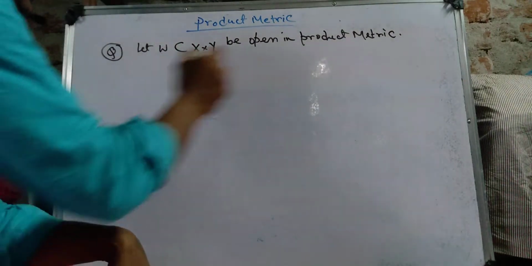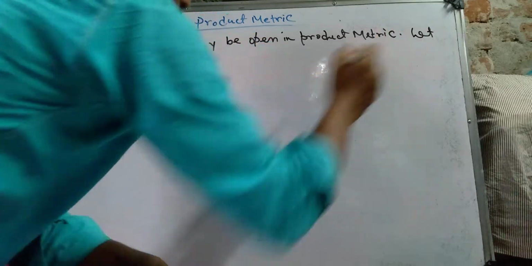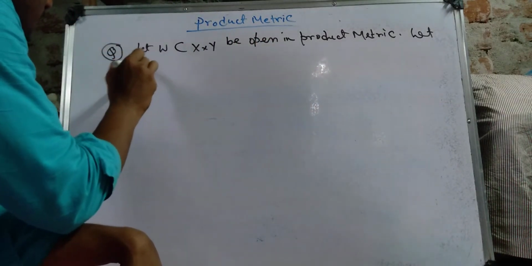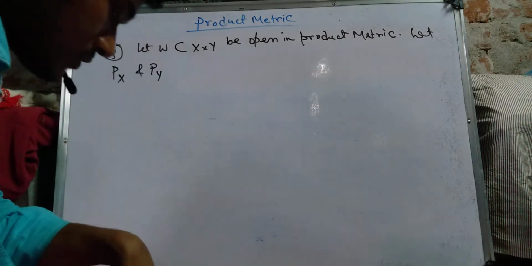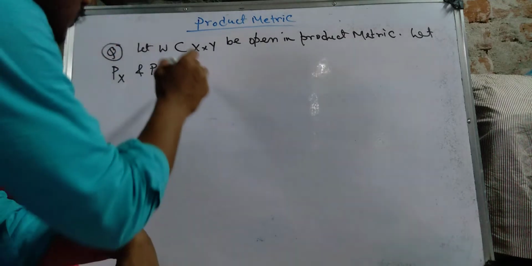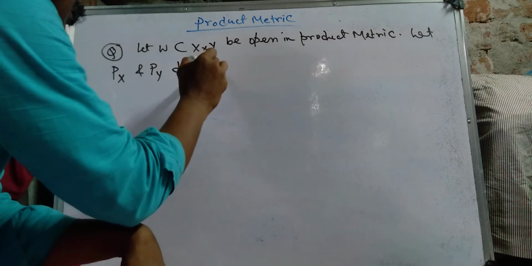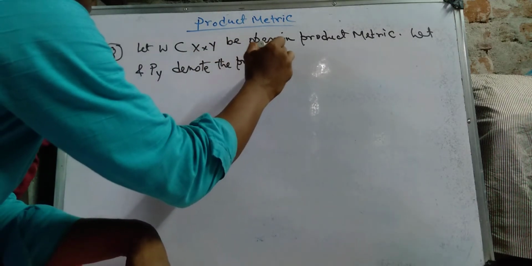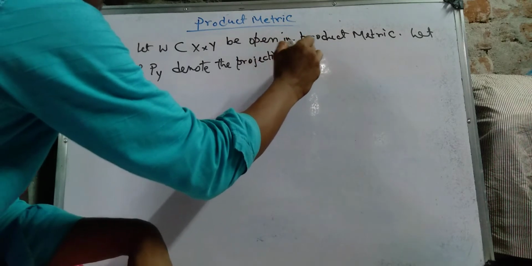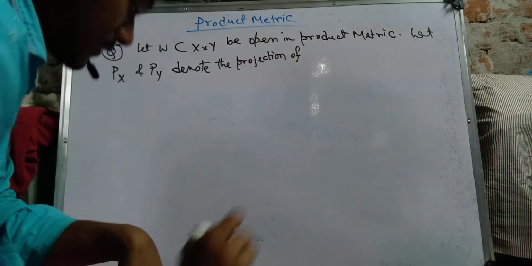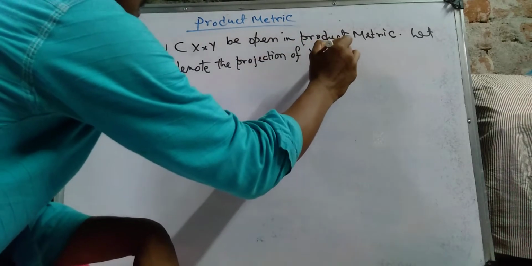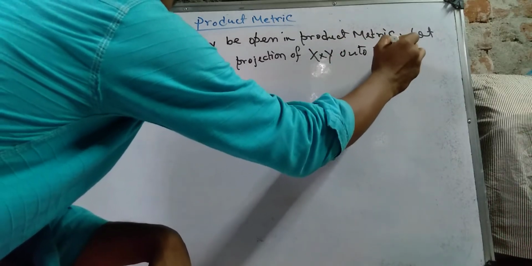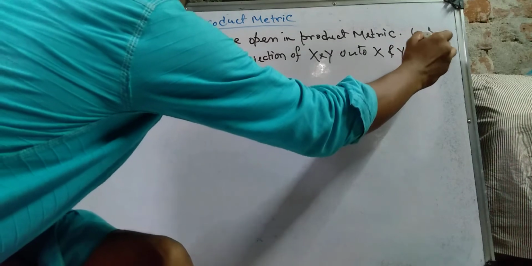Then let p_x and p_y denote the projection of X Cartesian product Y onto X and Y respectively.